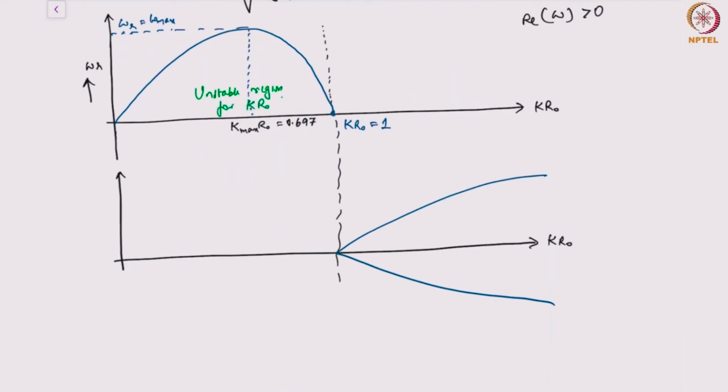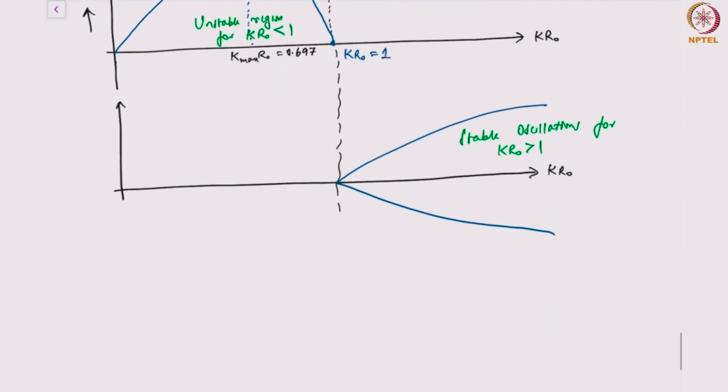For k r naught greater than 1, you have stable oscillations. Okay. So just to understand what is special about this k r naught, let's actually look at what the k r naught equal to 1 condition is.